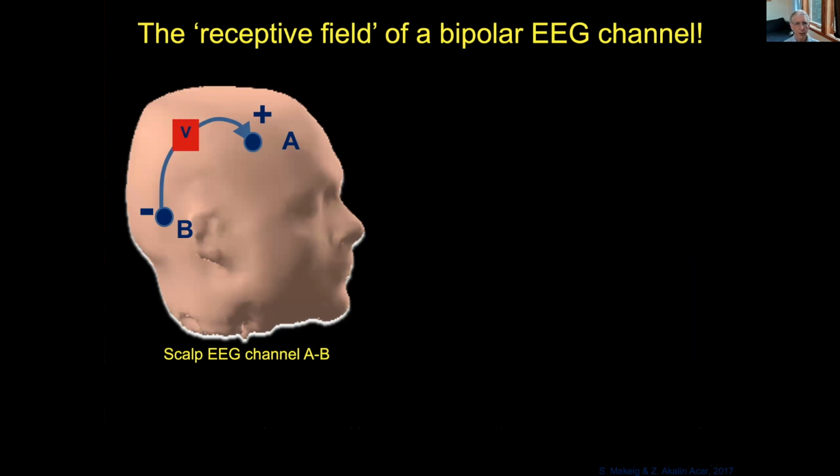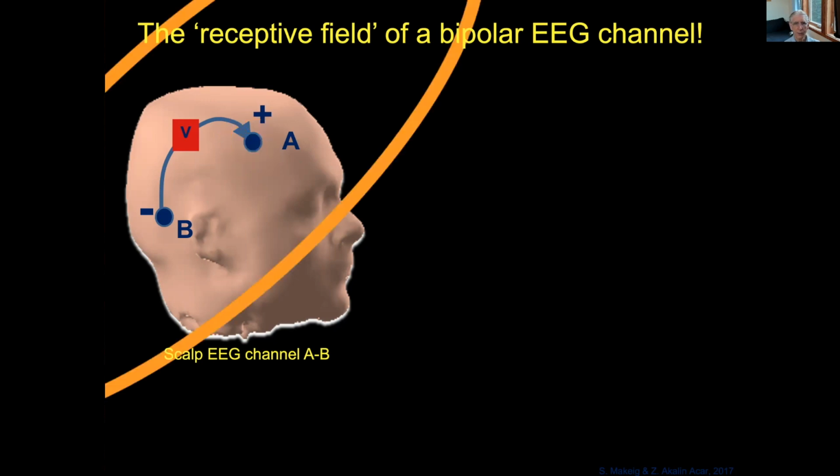Let's imagine that you have channel A, electrode A referred to electrode B, or A minus B is your channel. Then it's not true that this channel is only sensitive to cortical tissue directly below electrode A and not electrode B. That's simply not true.